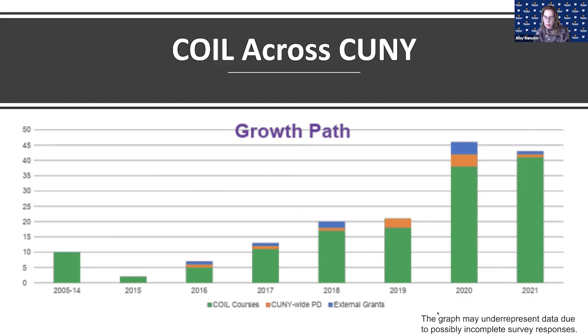But it's pretty exciting because the COIL working group has given COIL PD. And so you can see all the groups that are involved, all the campuses. And we've also, all the different campuses have gotten external grants.